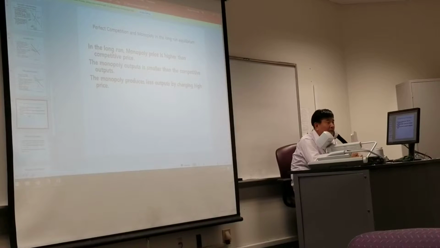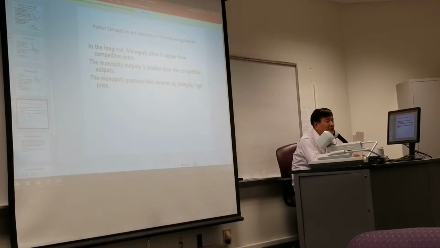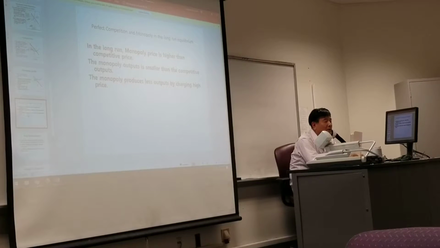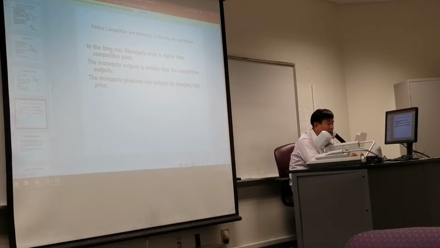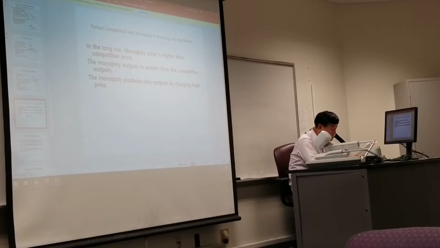And one question about the monopoly case, especially resource allocative efficiency. Does monopoly have allocative efficiency, yes or no? No, because price is greater than what? Marginal cost, so therefore under-allocate, under-allocate, okay?